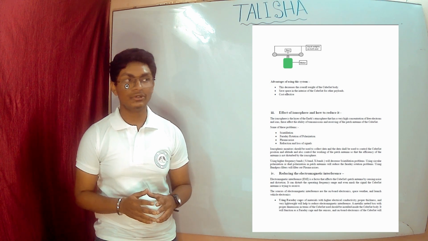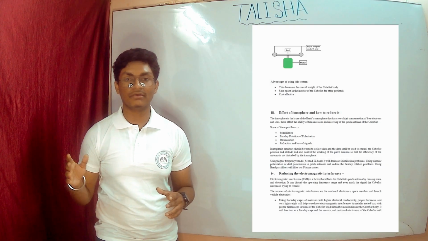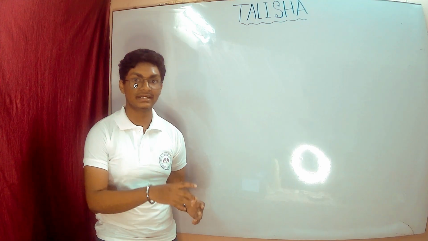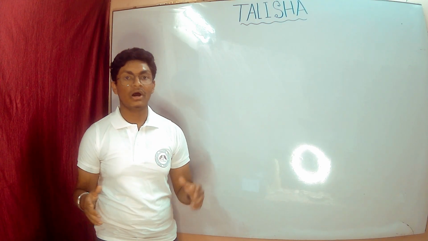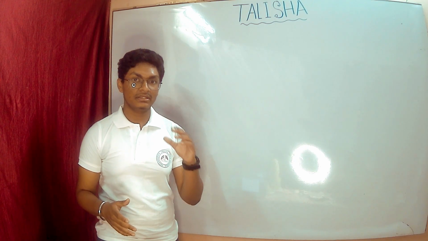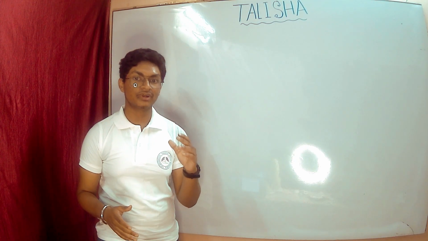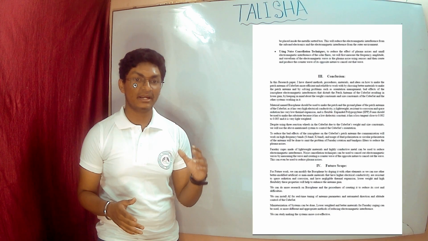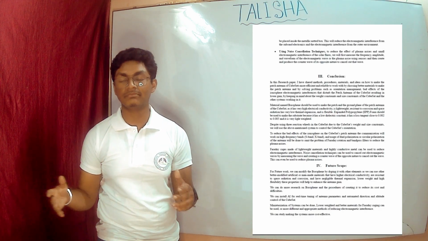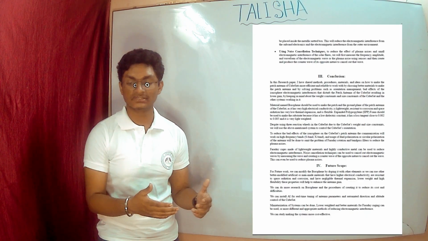So what will it do? It will not allow the plasma noise from outside the Cubesat body to enter inside and affect the onboard computers. Neither will it allow the electromagnetic interference from inside the onboard computers and onboard systems to go outside and affect the other systems.